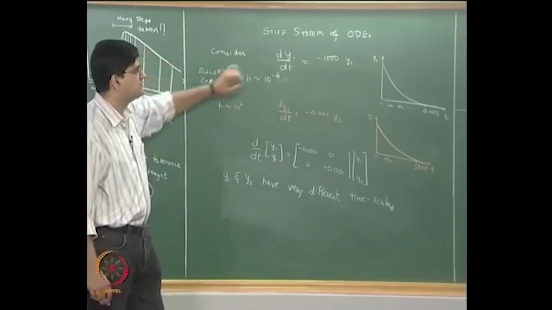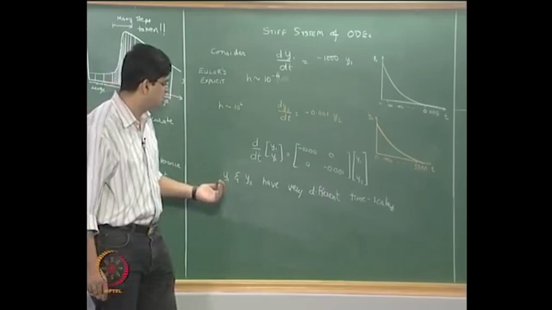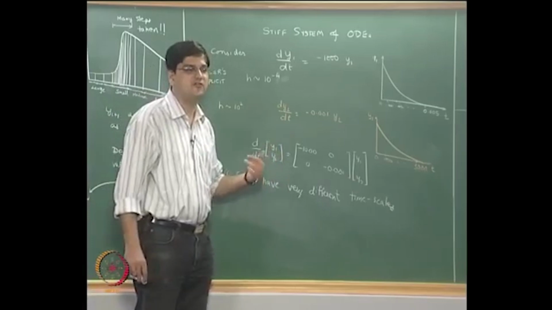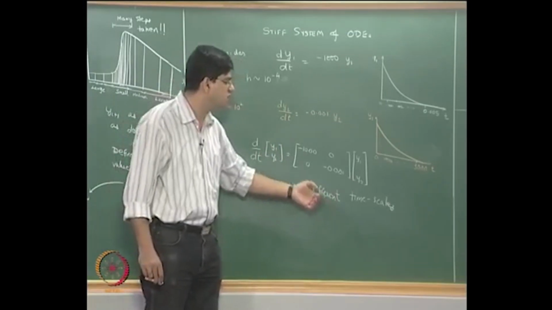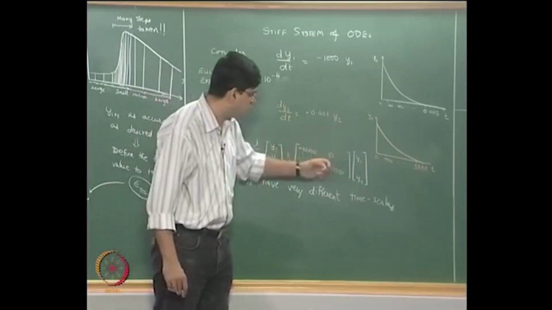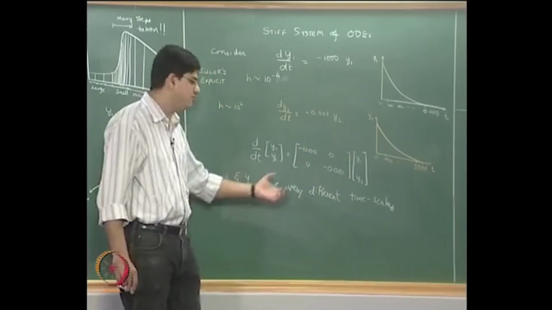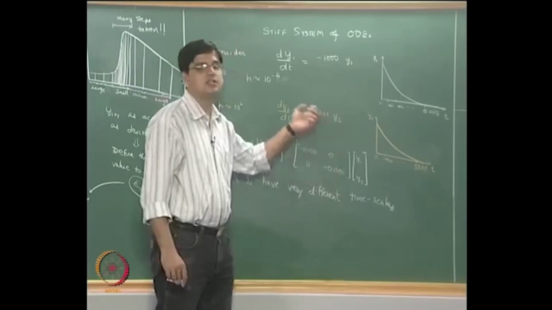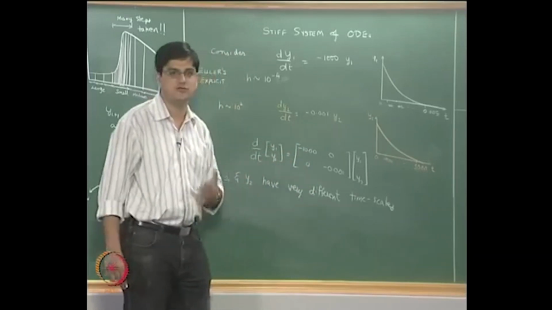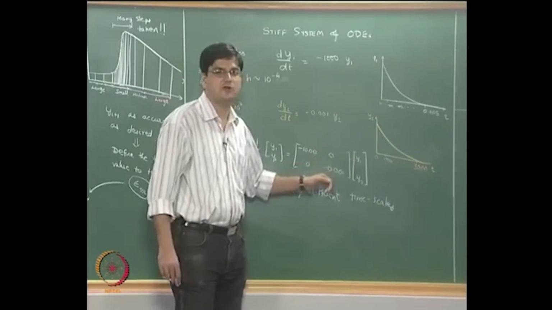So because of this stiff system of ODEs, the definition of a stiff system essentially is that a stiff system is one in which there are components which have very widely varying time scales of evolution. Okay. So if you have a multivariable system, you can differentiate the system and get this particular Jacobian over here, find the eigenvalues of this particular matrix, the ratio between the absolute value of the highest eigenvalue divided by the absolute value of the lowest eigenvalue is going to give you how stiff this particular system is.